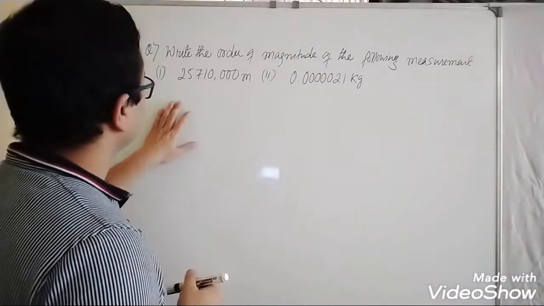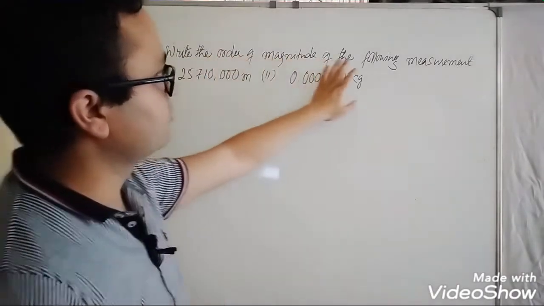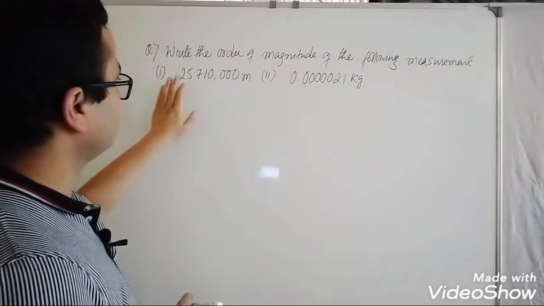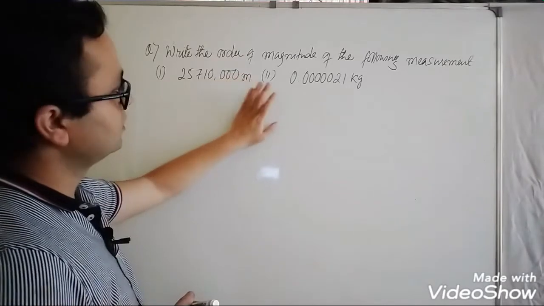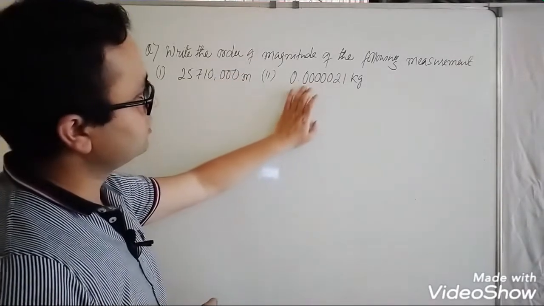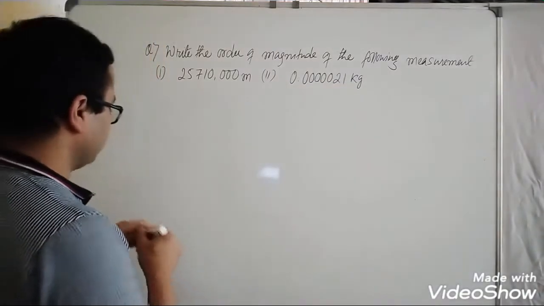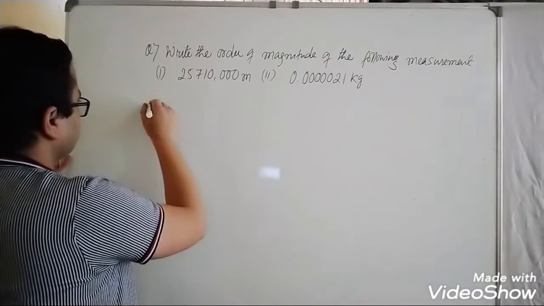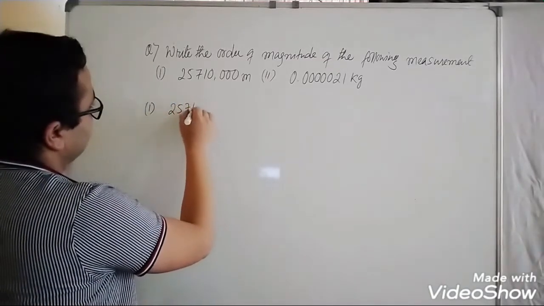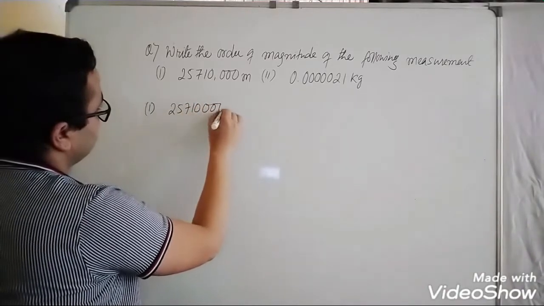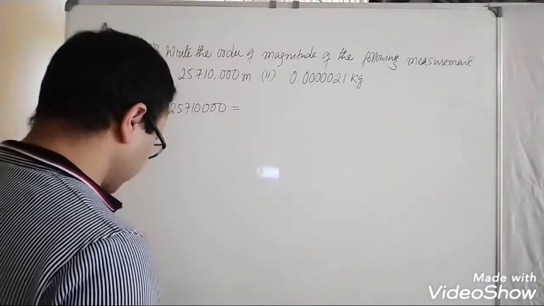Example question: write the order of magnitude of the following measurements. The first is 2571000 meter and the second is 0.0000021 kg. For number 1, 2571000, let us write it in terms of order of magnitude.